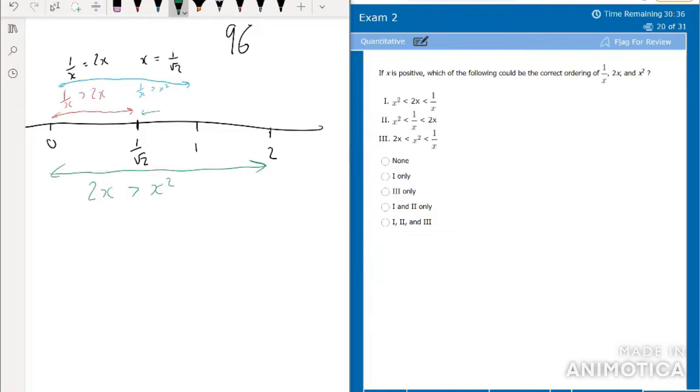So we're in this little range. That's fine. And 2x is less than x squared, so we're greater than 2. But x squared is less than 1 over x, so we're at less than 1. So we're greater than 2 and less than 1, so that doesn't work, and so we're at 1 and 2 only.